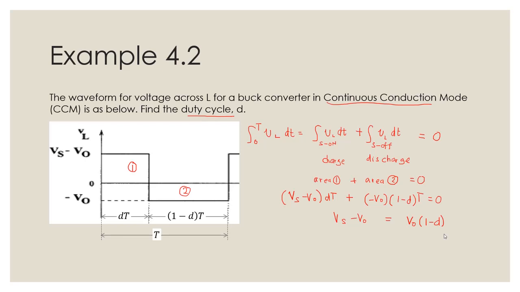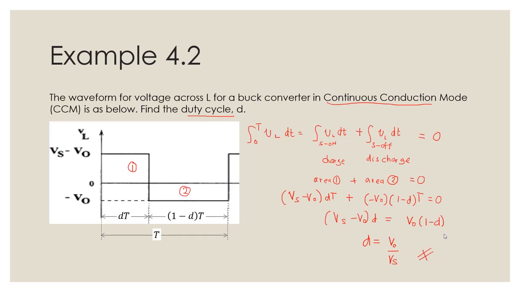Sorry, I have T over here. When we rearrange this equation, we come to the conclusion that the duty cycle D is equivalent to V naught over Vs.